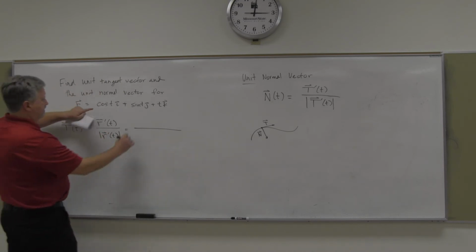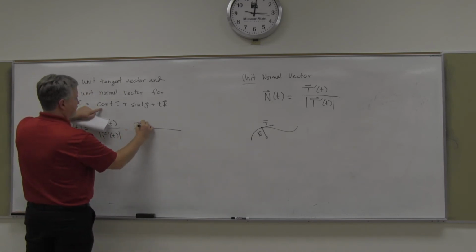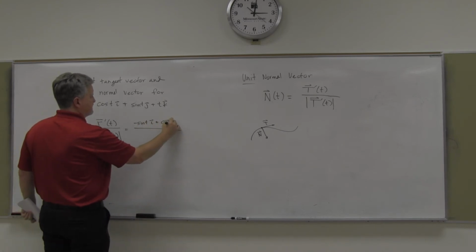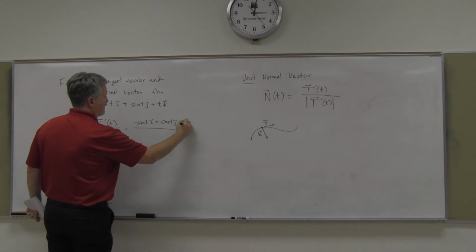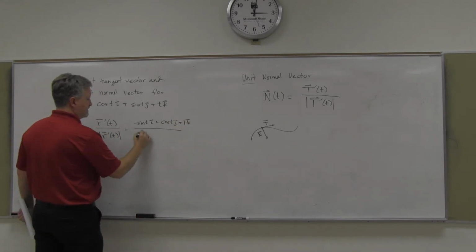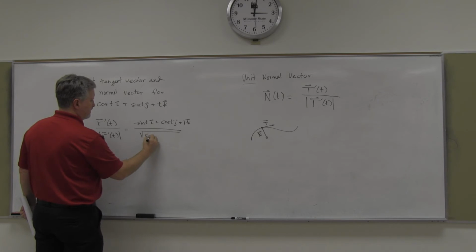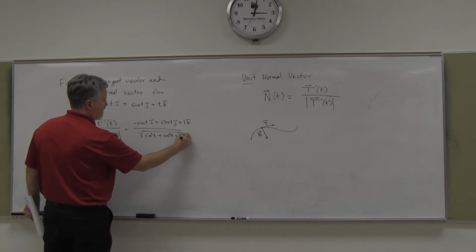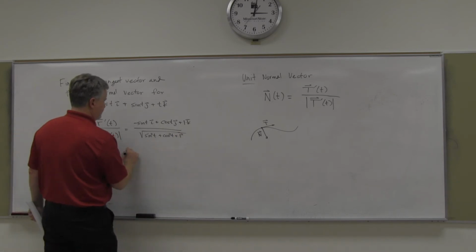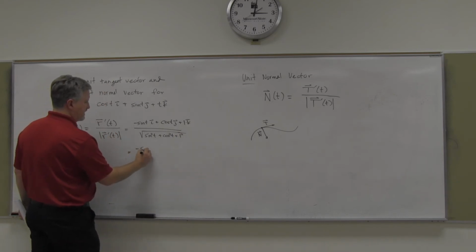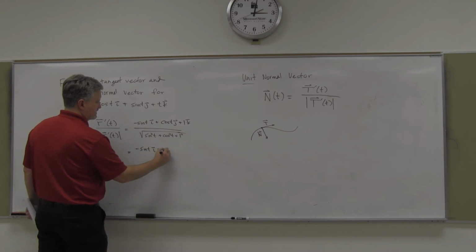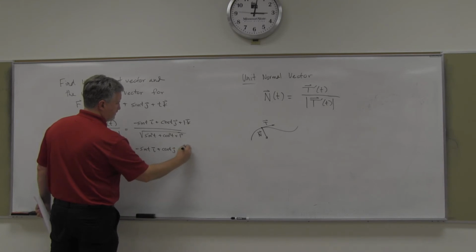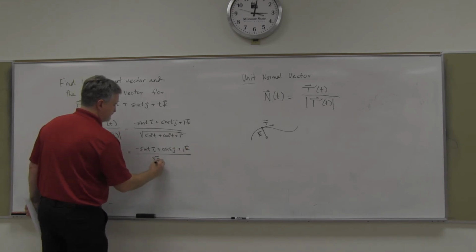The derivative vector here, we've done that quite a bit: negative sine t i plus cosine t j plus 1k. Divide that by its magnitude, which would be the square root of sine squared t plus cosine squared t plus 1 squared. So that's going to work out to be negative sine t i plus cosine t j plus k, divided by the square root of 2.